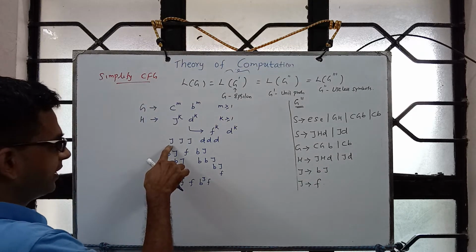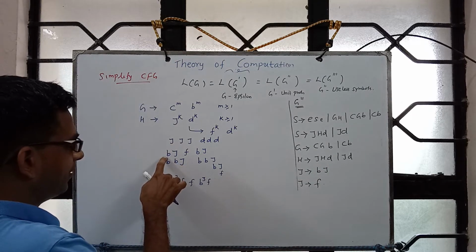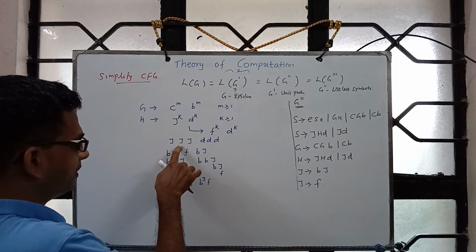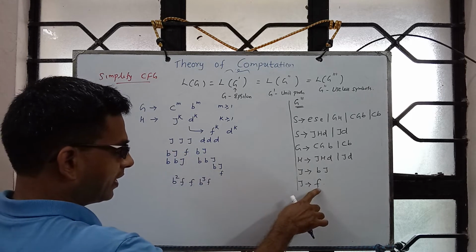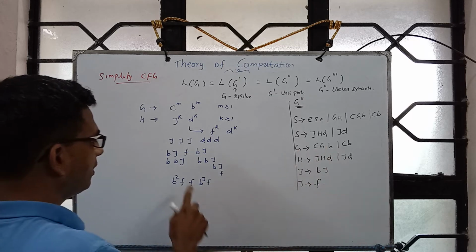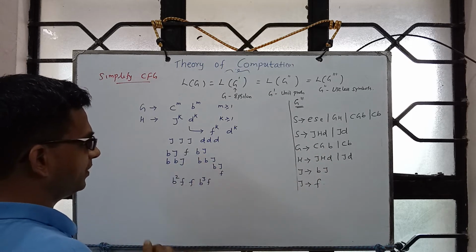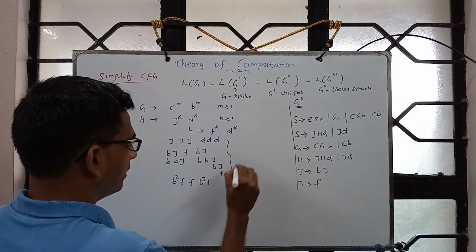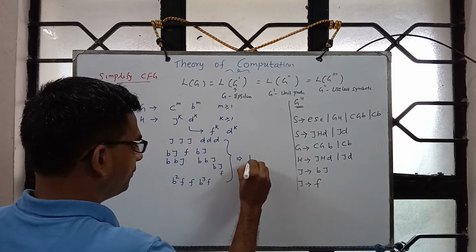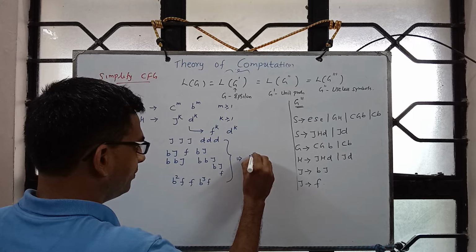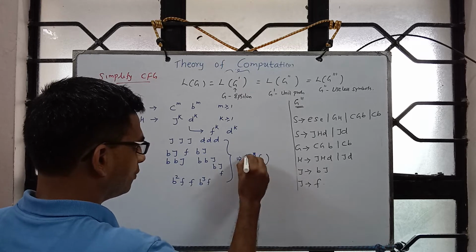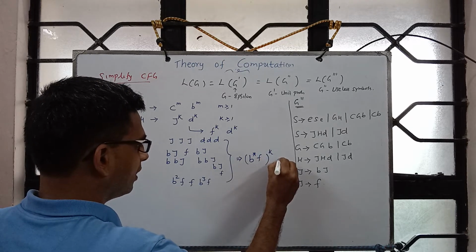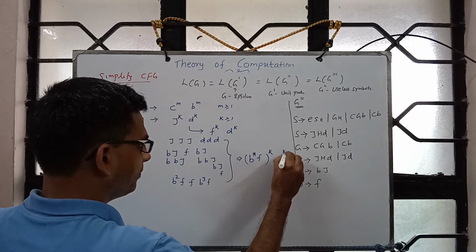From the first J I may get one B. From the second one I may get F, no B at all. From the third one any number of B's and so on. So which means this one tells you that you may get something like B star F to the power K followed by D power K.